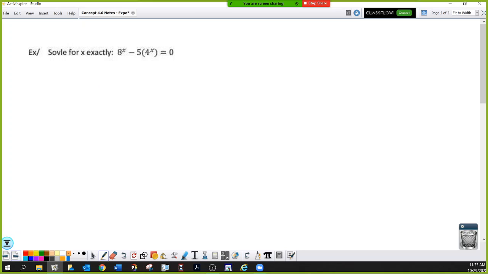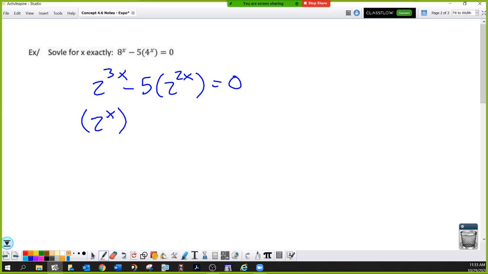So I could rewrite this as 2 to the 3x minus 5 times 2 to the 2x, still equals 0, of course. Maybe it's difficult to see, so I'll write it in a different way: 2 to the x cubed minus 5 times 2 to the x squared.